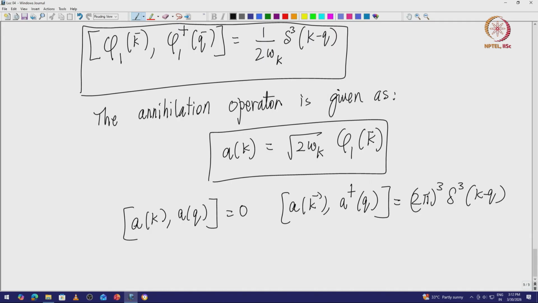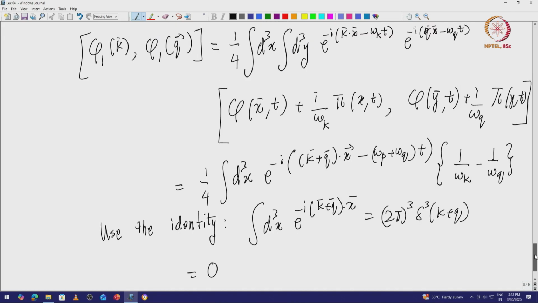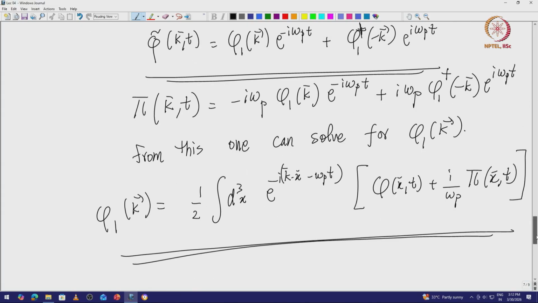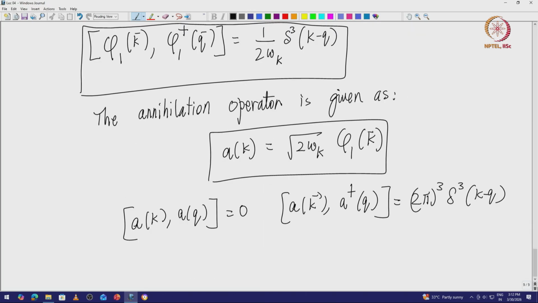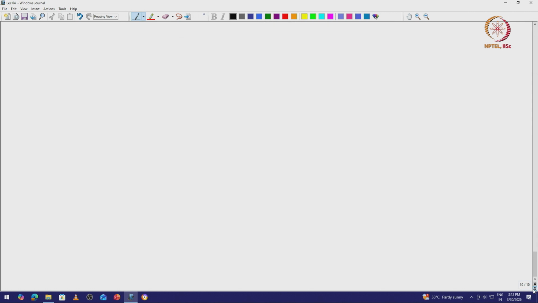So with this I have now successfully quantized my scalar field in terms of these harmonic oscillators, given for each momentum k or each frequency omega k, omega p, whatever essentially. So I can express the total field phi of x, t.